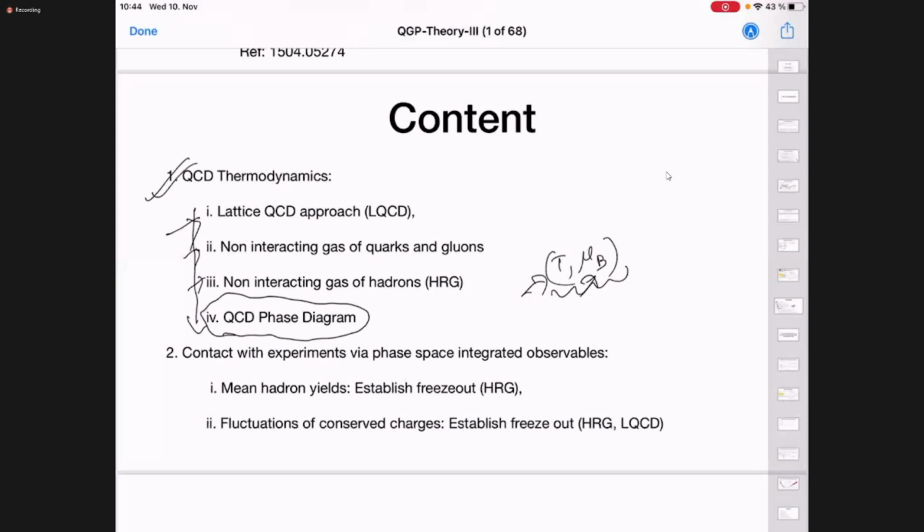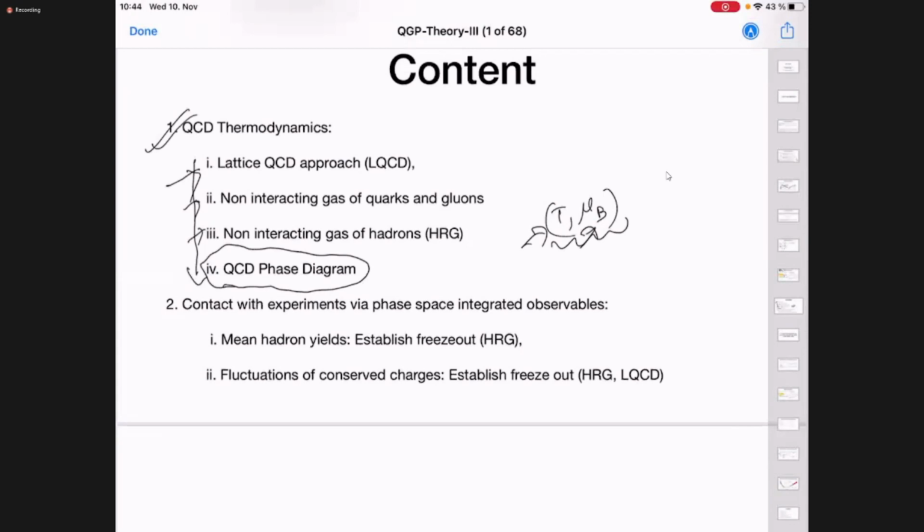So of course we are not proving equilibrium, we assume equilibrium and then ask what the properties of that equilibrium state are, right? To do that, what we typically look at is phase space integrated observables, right?